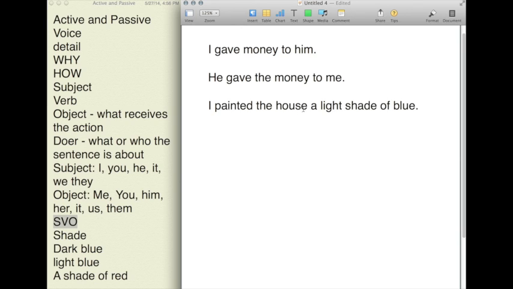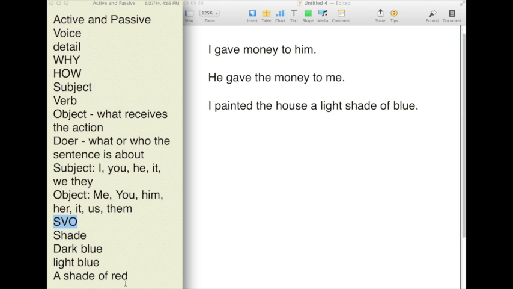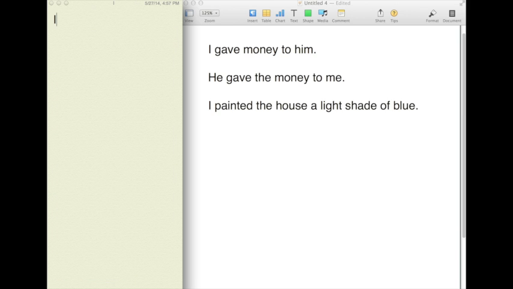We start with the object. Now we change the object to the subject, but in some way it is still the object. That means it's still in a passive sentence.